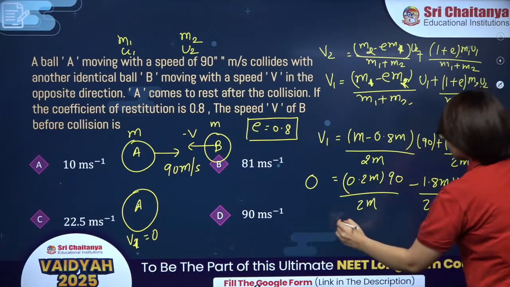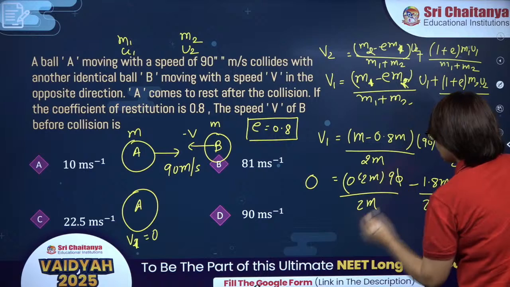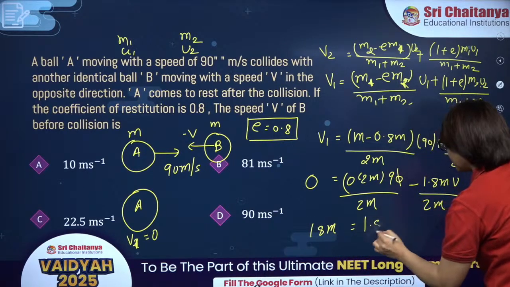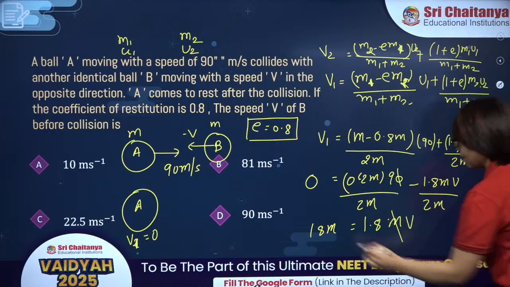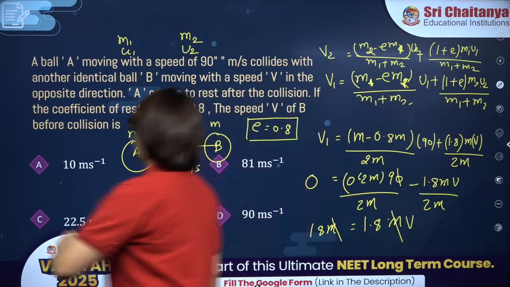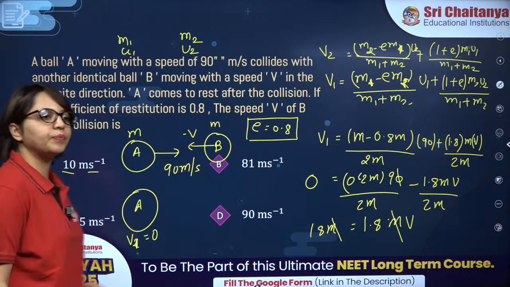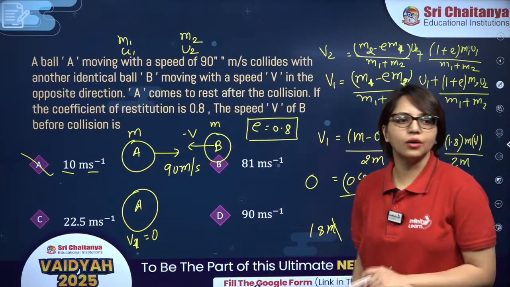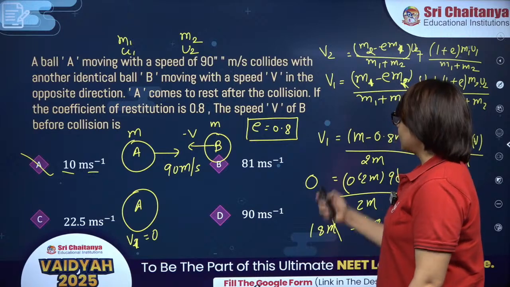So you can write 18m is equal to 1.8 mv. m and m cancel over here. So v will be 10 meter per second. Option A is the correct answer. Chaliye, well done guys. Let's move on to the next one.